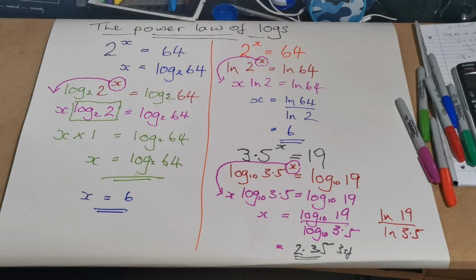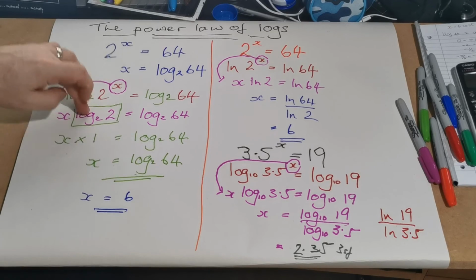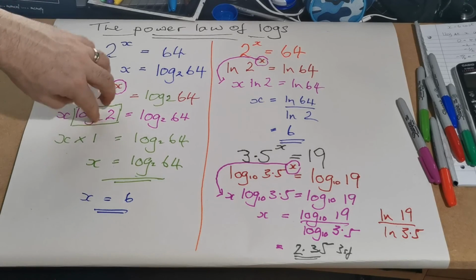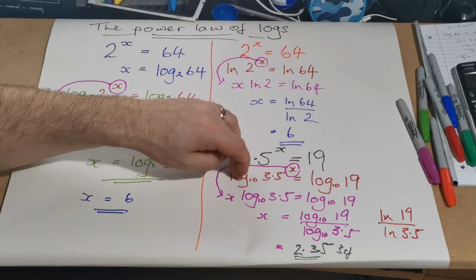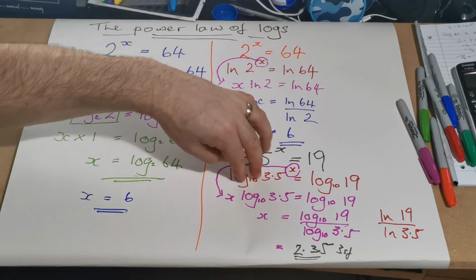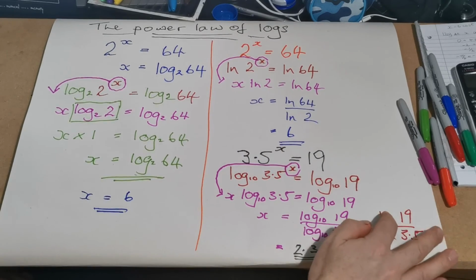From a simplicity point of view, log base 2 is 1 press, 2 presses, and then the number. Log to the base 10, log, a 1, and then a 0, so that's 3 presses and then your number. But ln is just 1 press, 1 button, and then the number.